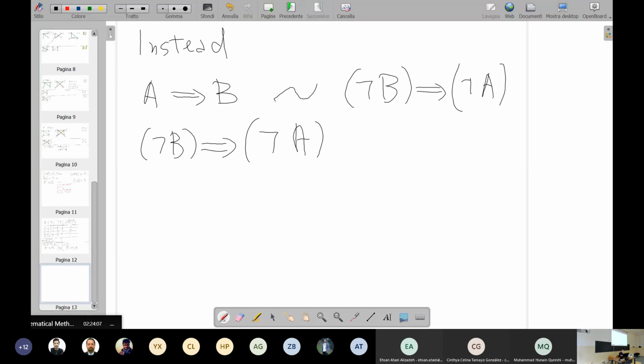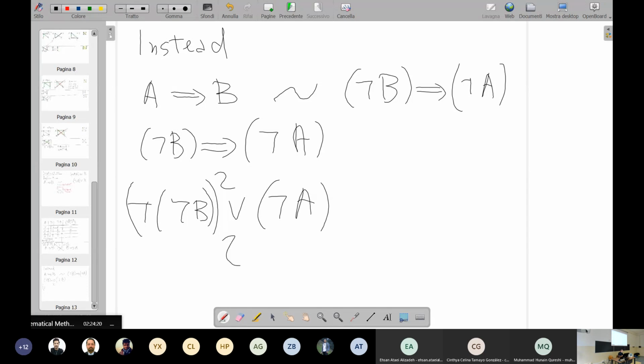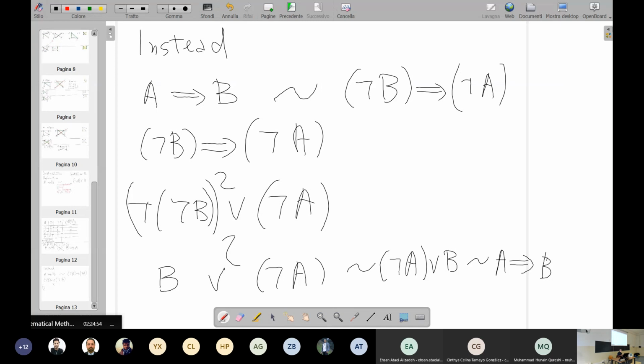By definition, this is equivalent to not not B or not A, correct? And this is equivalent to B or not A. Yes, but in turn, this is equivalent because or is commutative to not A or B, which is equivalent to, because of the definition, A implies B. So they say exactly the same thing.